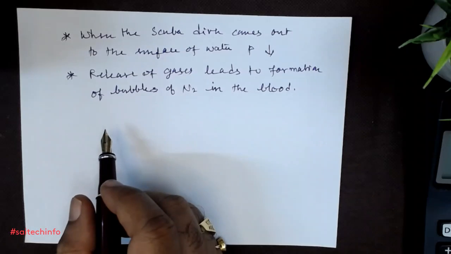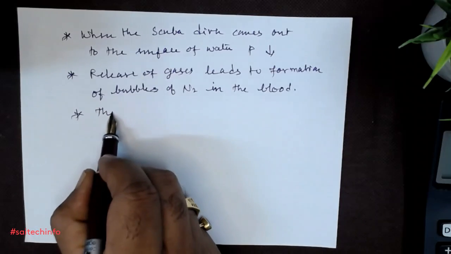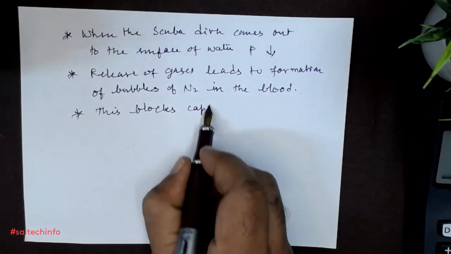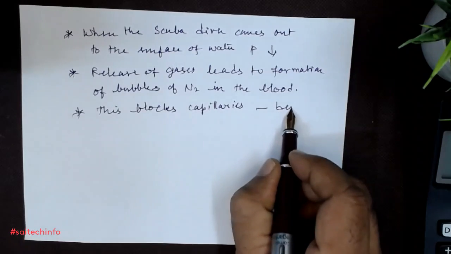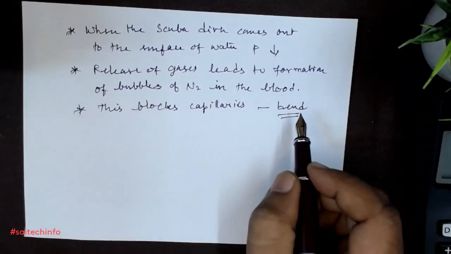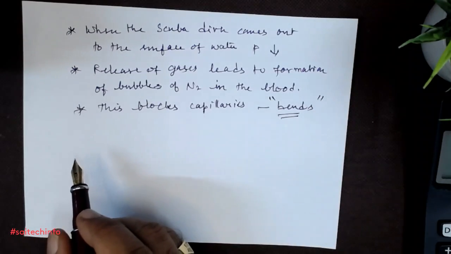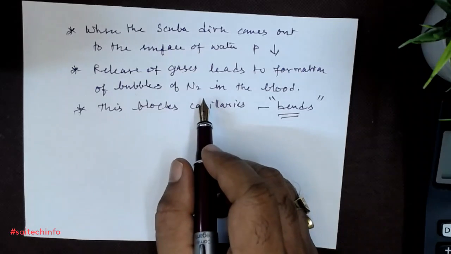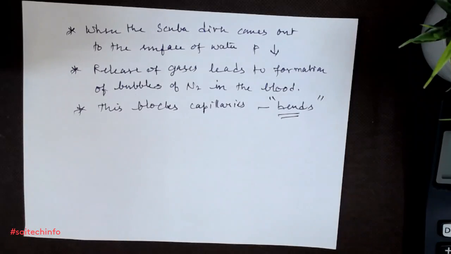This blocks capillaries and it's called bends. This condition is called bends. So what is bends? The block of capillaries by the release of nitrogen when the scuba diver comes up to the surface.